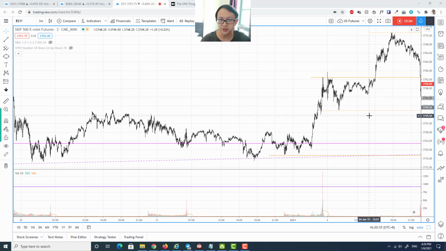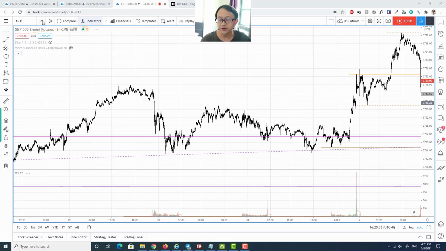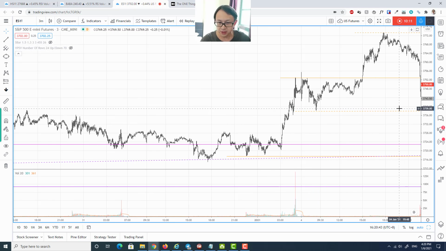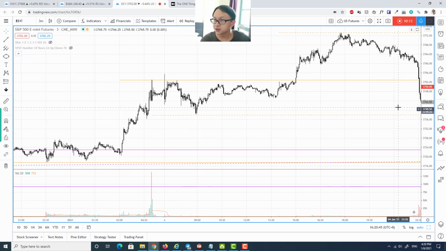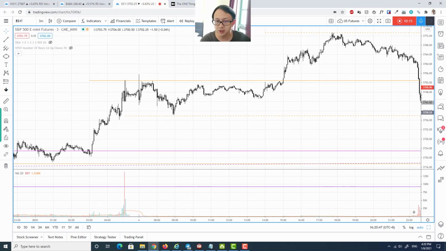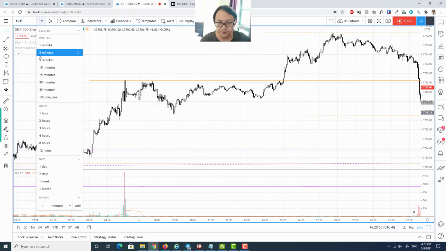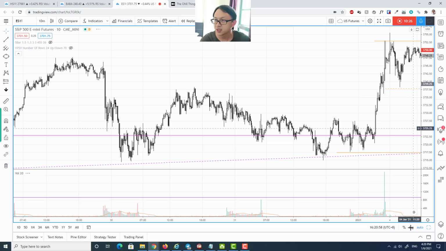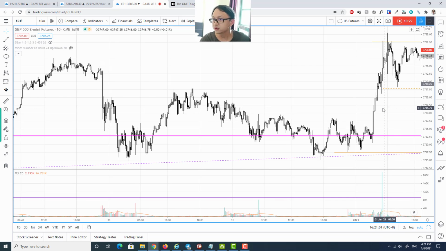So let's change the time frame to 10 minutes. You can notice that this is during the first 3 or 4 candles. This is a 3 minute time frame, which adds up to about 9 to 12 minutes. For simplicity, I will just use a 10 minute candle, so each candle becomes 10 minutes.